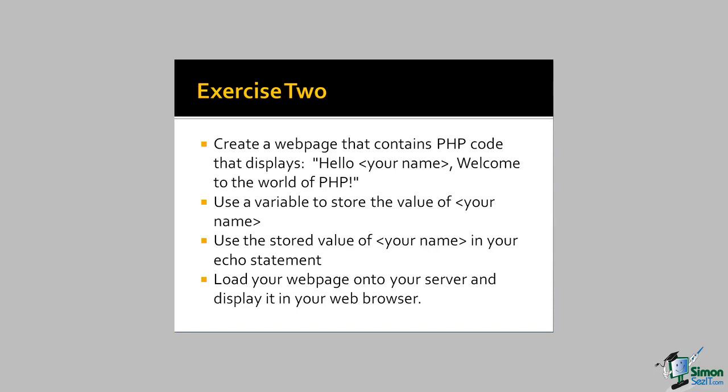Now again, this isn't an amazingly complex piece of code, but it does demonstrate the basic syntax for creating a variable by assignment and then using that variable in the code. And as we move forward and we gain more confidence and comfort with, number one, our environment, and number two, with PHP code, the exercises will increase in complexity.